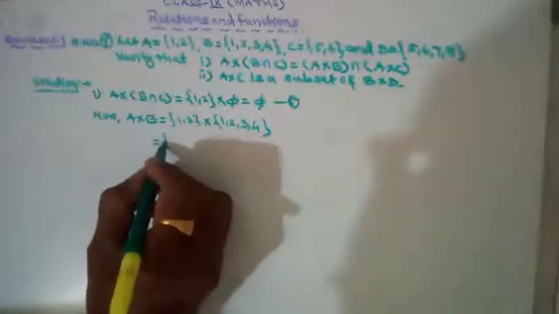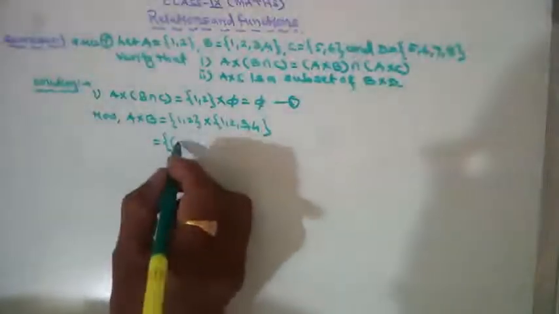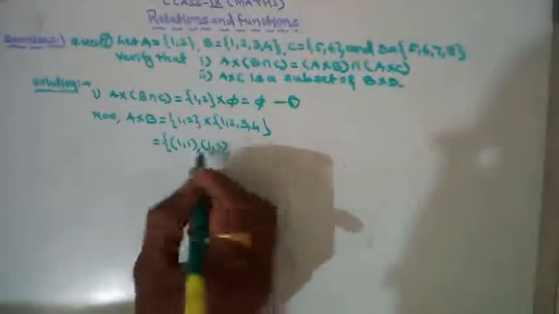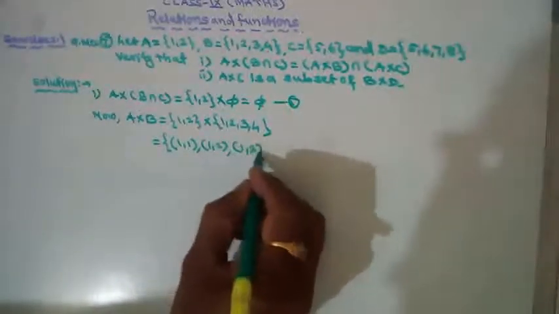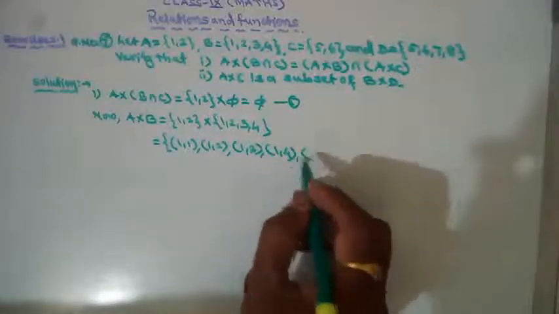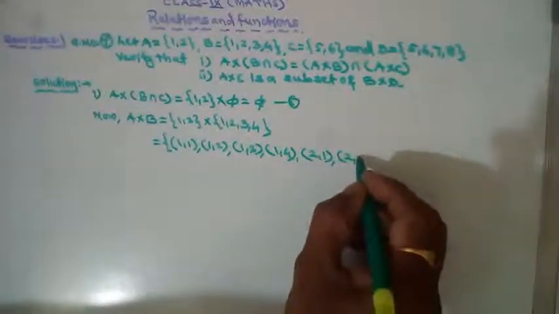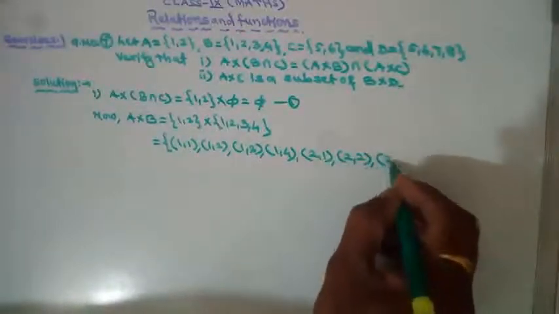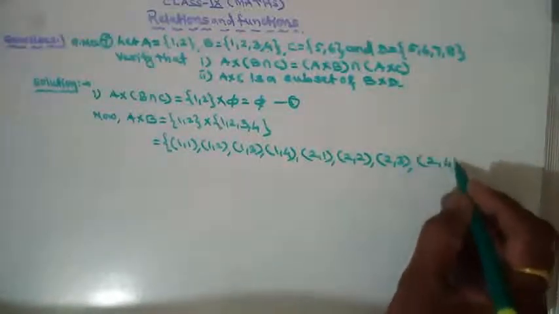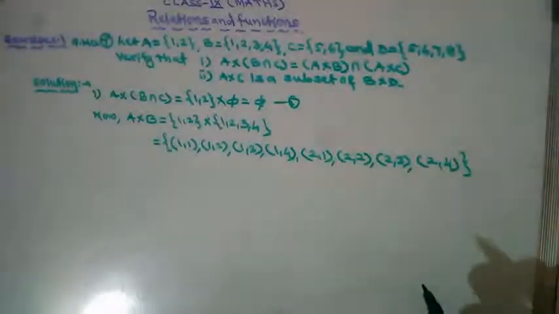Therefore A cross B will be a set containing the ordered pairs (1,1), (1,2), (1,3), (1,4), then (2,1), (2,2), (2,3) and (2,4). Okay, this is your A cross B.